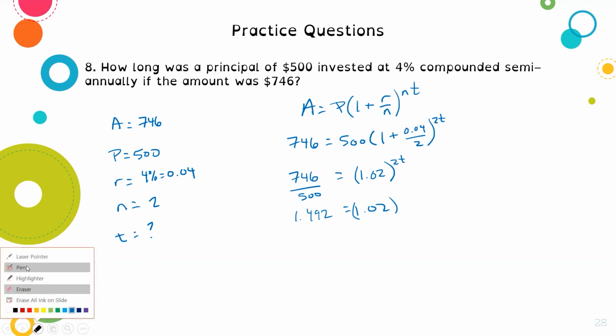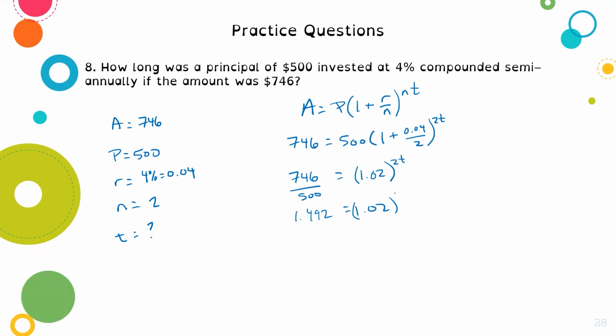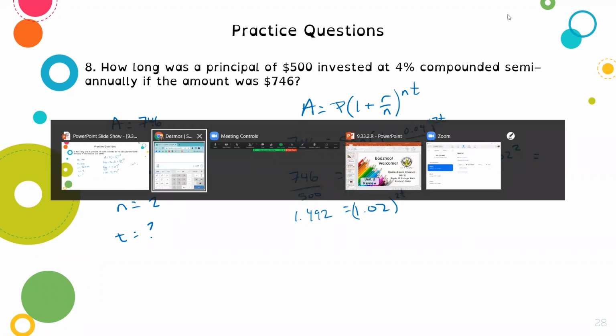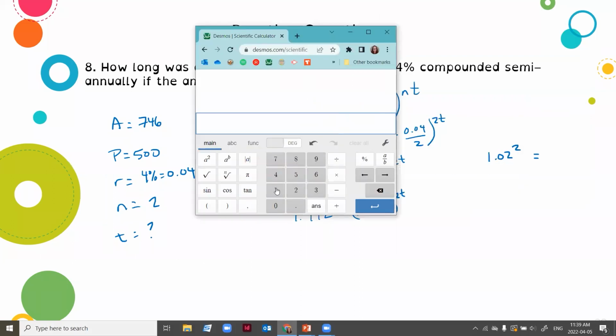So now we need to do the guess and check so that we can figure out what 1.02 to the exponent what gets us close to 1.492. So I'm going to just start with 1.02 squared because I really have absolutely no idea. So 1.02 squared is 1.0404.